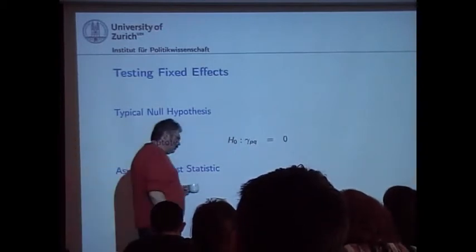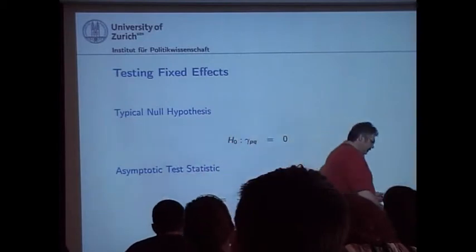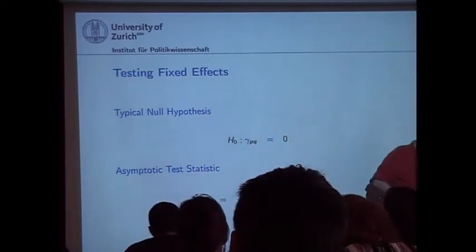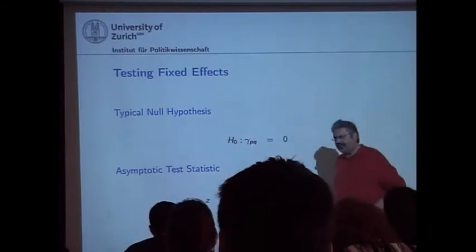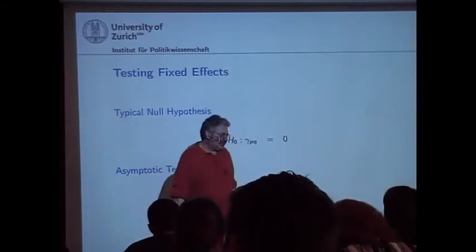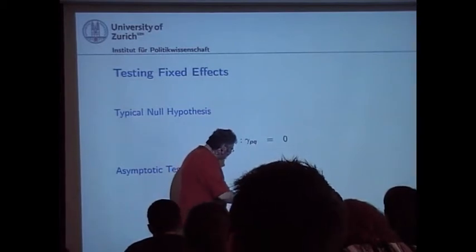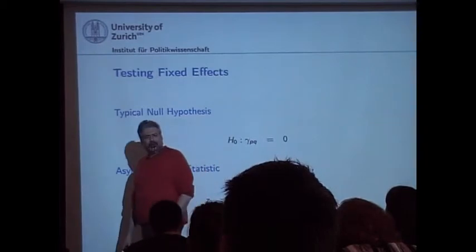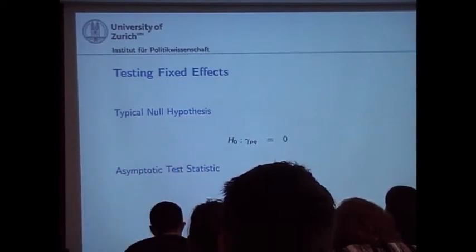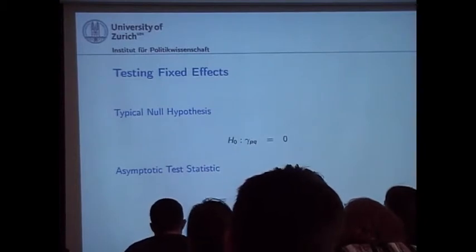There is some discussion in the literature about this, about what exactly the distribution is, because as is often the case, asymptotic means what? In multi-level models, the problem is we potentially have two kinds of asymptotics to deal with.